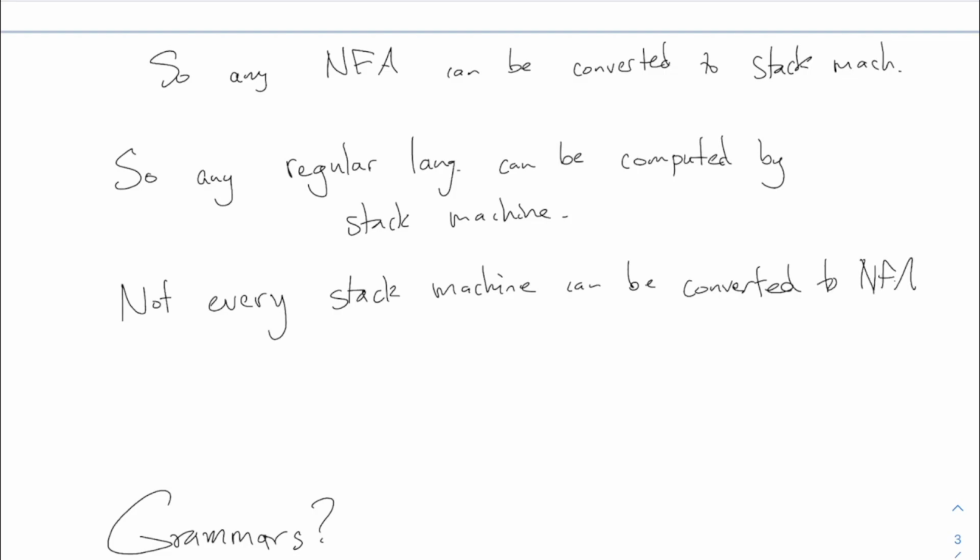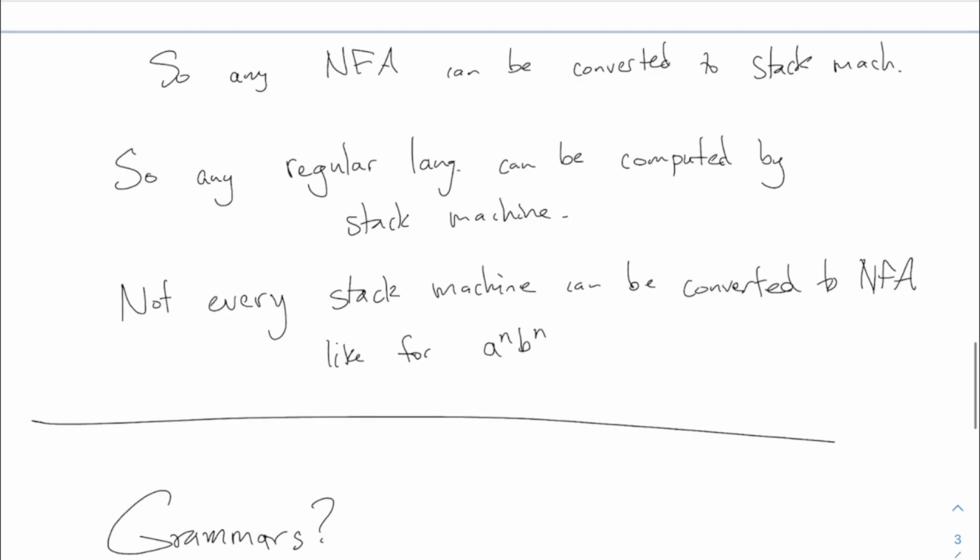That's because we already have seen examples of stack machines with non-regular languages, like A to the N, B to the N. There is a stack machine for that, but we already know that's not a regular language, so there cannot be an NFA for that. So there is no possible general procedure that will convert back the other way. Okay?